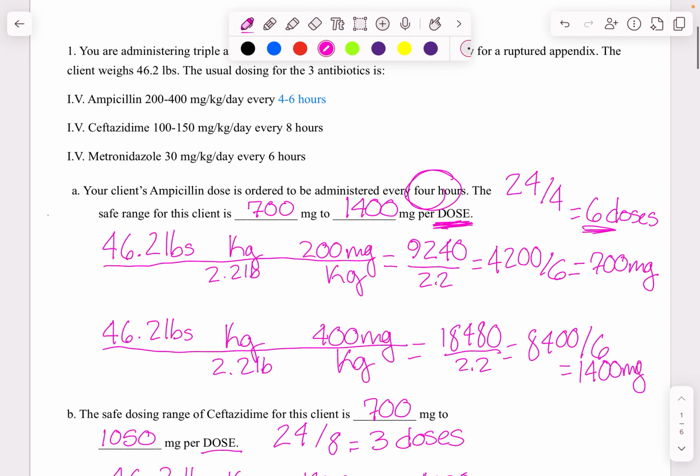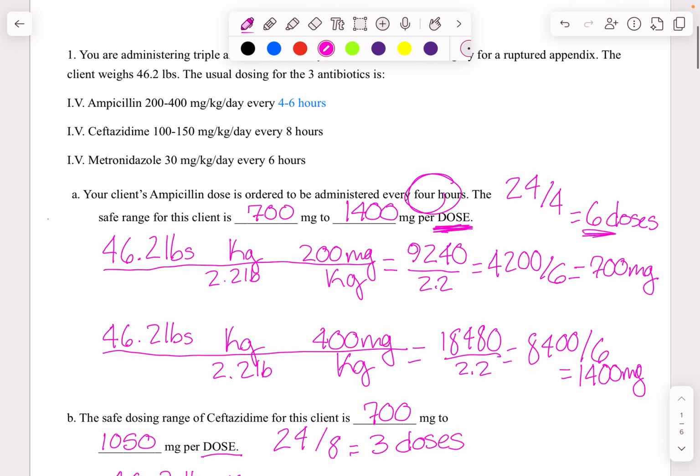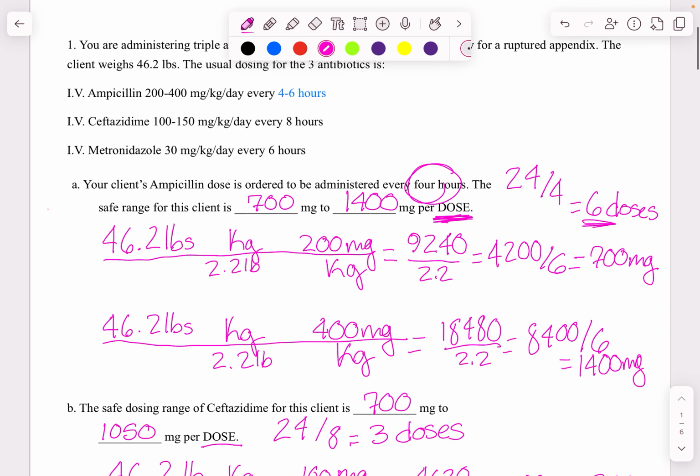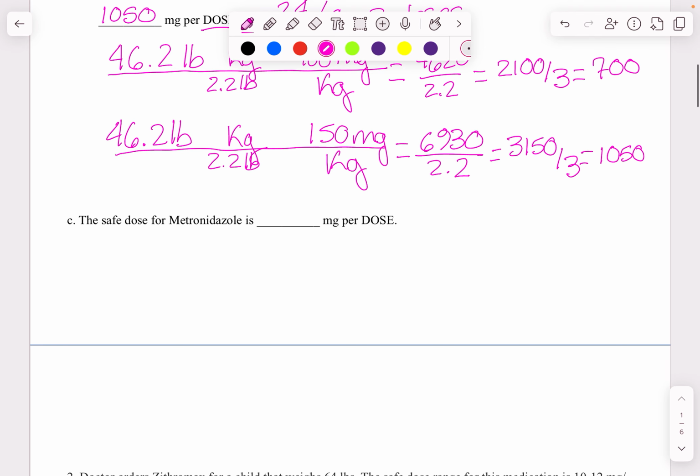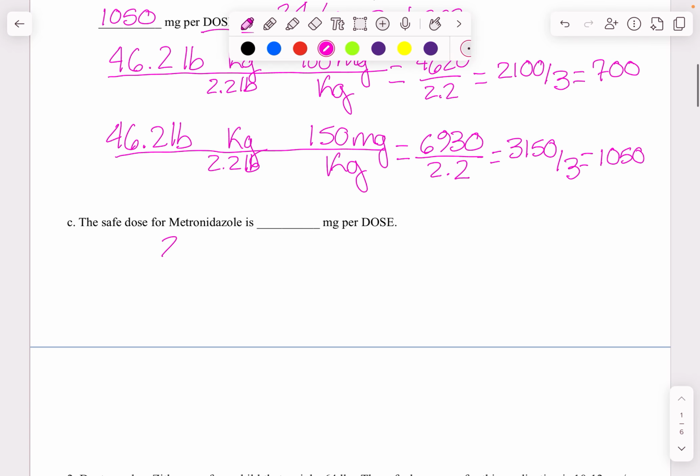So for that one, we'll scroll back up, 30 milligrams per kilogram per day every 6 hours. So we'll do this again. 24 divided by 6 is 4 doses that we are giving in one day.